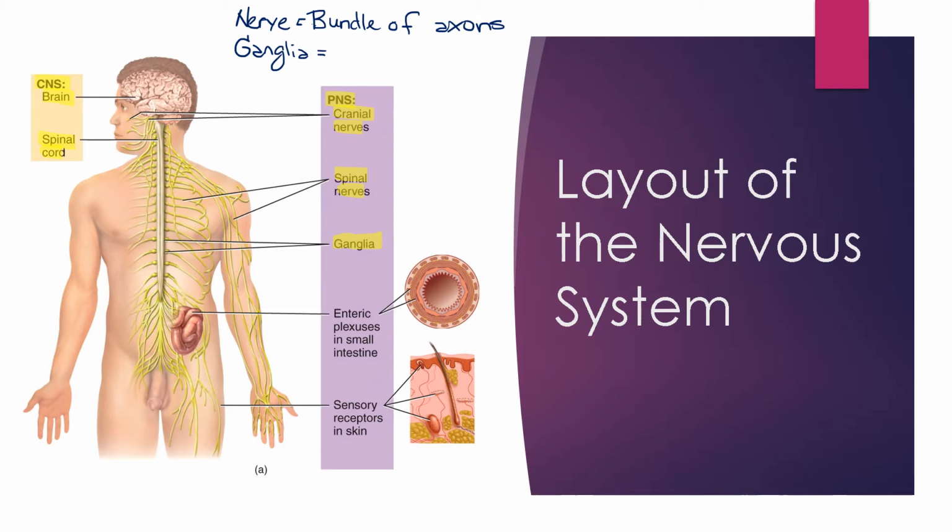So we would define ganglia as masses of, well, it would be neuronal cell bodies, not just any cell bodies, in the peripheral nervous system.